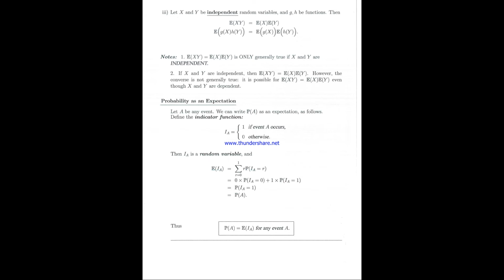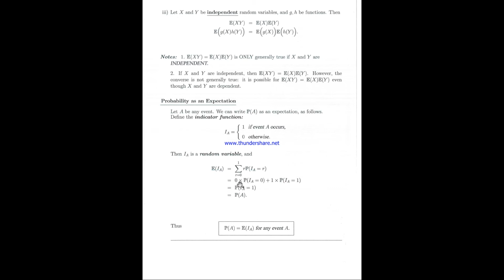So if you take the expected value of I_A, since this indicator function has two values, 0 and 1, I'll take the values of the indicator function r times the probability of r over its full range. I have to take the summation of that since it's a discrete random variable.